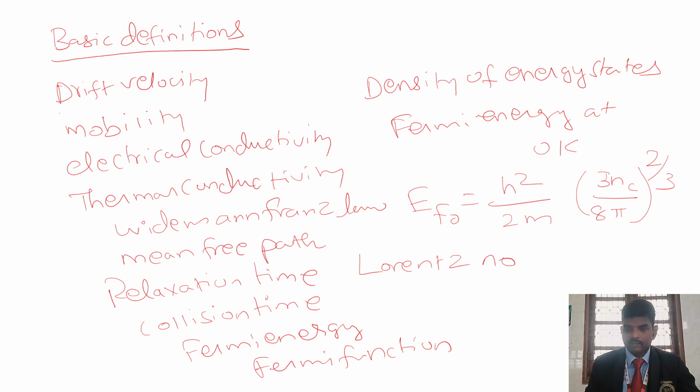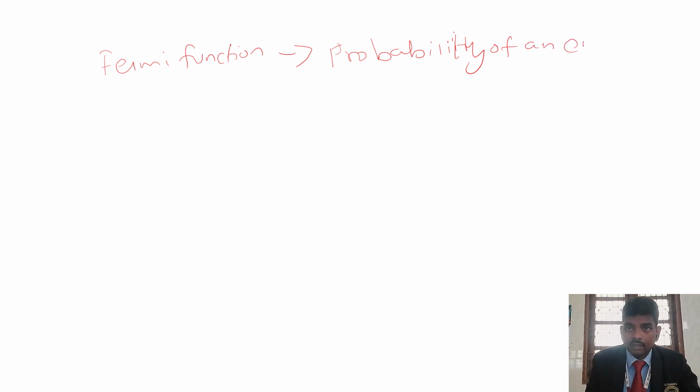And then the applications, the applications related to conducting. For example, the Fermi function. What is the Fermi function? Where is it used? The Fermi function is used to find the probability of an electron, rather a free electron, occupying an energy level.